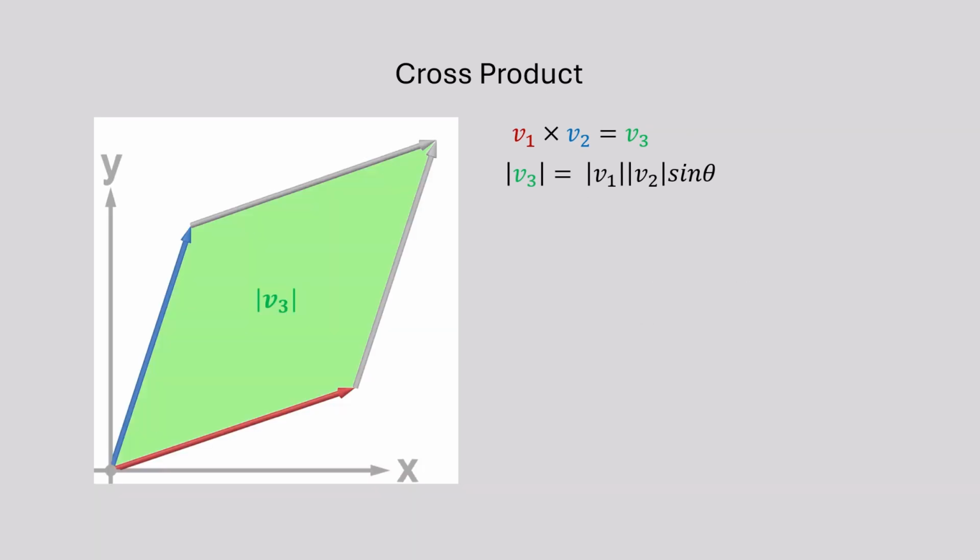An interesting fact about the magnitude of the cross product is that it is equal to the area of the parallelogram formed by the initial vectors. And this makes sense when you consider the cross product is 0 when the angle is 0, and also the area of the parallelogram is 0 when the angle is 0.